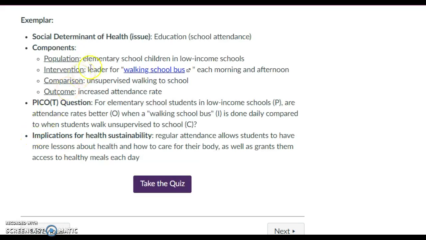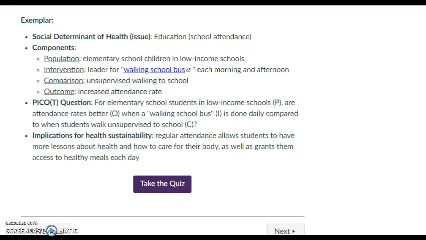I know that a walking school bus may not look immediately like a nursing intervention, but if that allows students to have higher attendance rates, which gets them more healthy meals and proper education and lessons, then that downstream affects what nurses are seeing as far as both public health nurses, school nurses, but also what is seen in acute care settings when we start looking at issues like malnutrition and other issues like that.